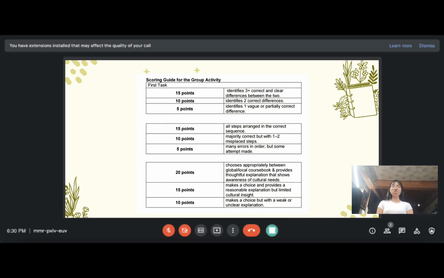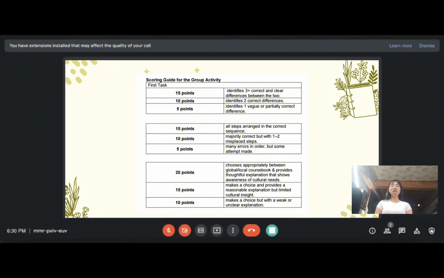And lastly, for choosing between the global and local course book, a good choice plus a thoughtful explanation will be 20 points. An okay choice plus a simple explanation will be 15 points. And a weak choice or unclear explanation will be 10 points. So the clearer and more accurate your answers are, the higher your score.